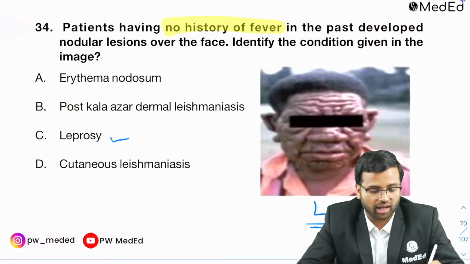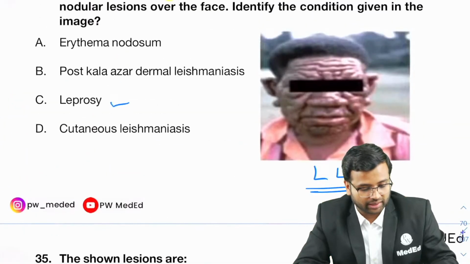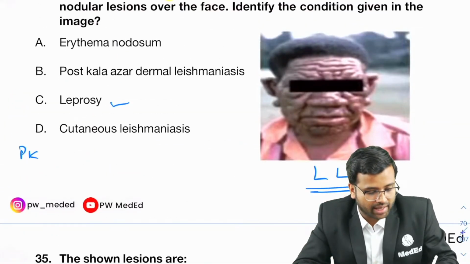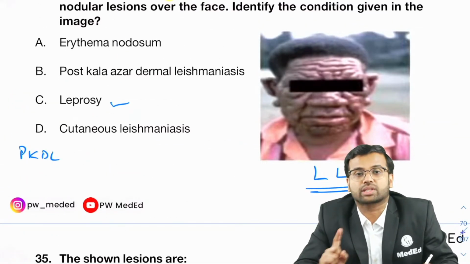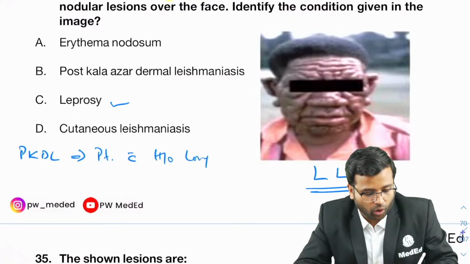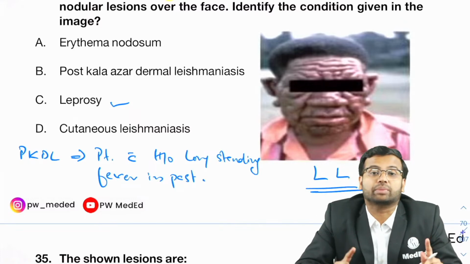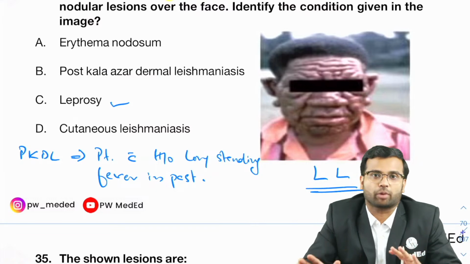Fine, post-Kala-Azar dermal leishmaniasis. So please make a note of it that when it comes to PKDL, that is post-Kala-Azar dermal leishmaniasis, it will be a patient with history of long-standing fever in the past. But the clinical symptoms are going to be very similar to lepromatous leprosy.